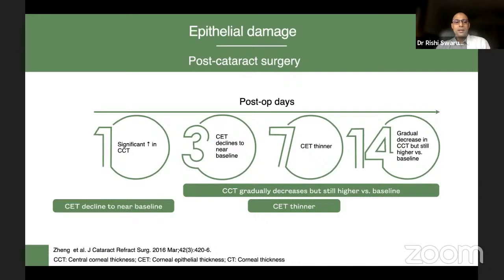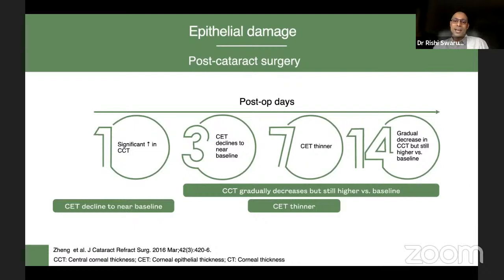Studies have shown that the epithelial thickness immediately after surgery can increase, and then it slowly reduces over the next few days. Even the corneal stromal thickness also increases and then comes back to baseline over the next couple of weeks. So I feel that this could be more to do with the endothelium rather than the epithelium, but it does affect the epithelium.